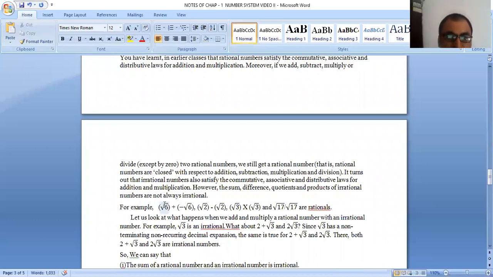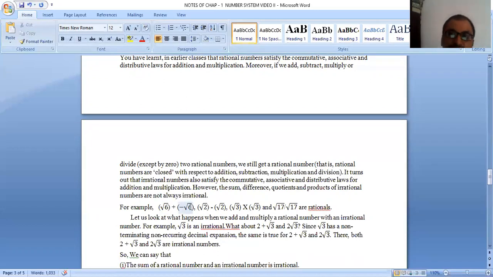Suppose that root 6 and minus root 6 are both irrational numbers. Can we add them? Root 6 plus minus root 6, we get 0. Is 0 rational or irrational? Rational, because we can write 0 upon 1. So 0 is a rational number.